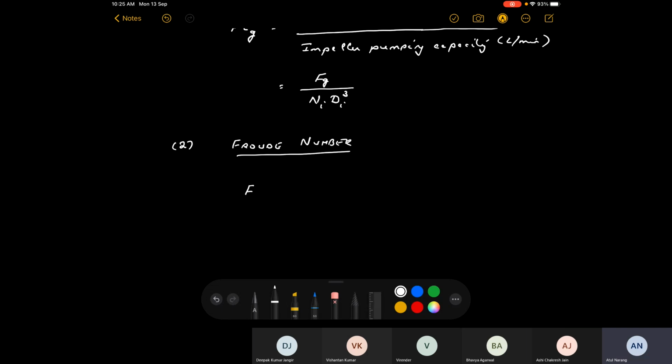This number, the Froude number, is defined as inertial force divided by buoyant or gravitational force.